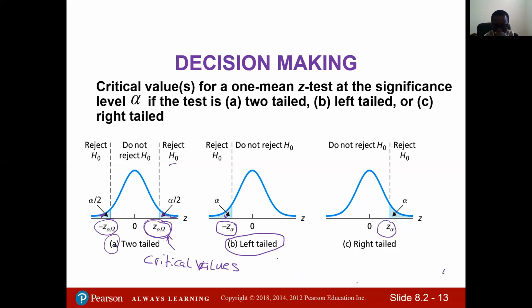It's the same as comparing with negative Z alpha/2, except that in this case you don't find Z alpha/2, just Z alpha. If your Z, your test statistic, is less than or equal to negative Z alpha, reject H0. That is for a left tail.